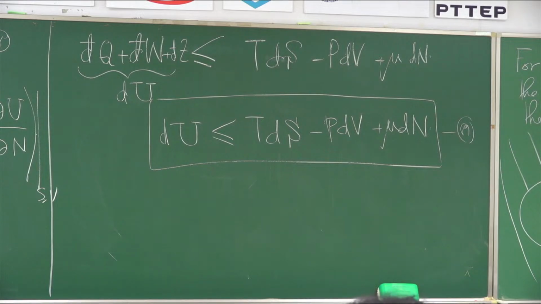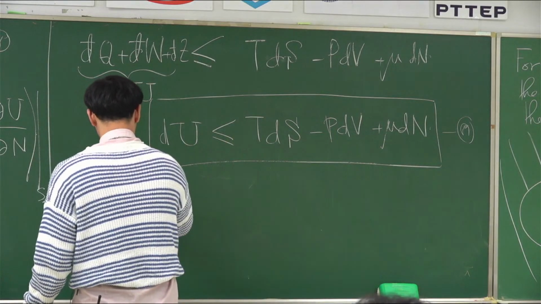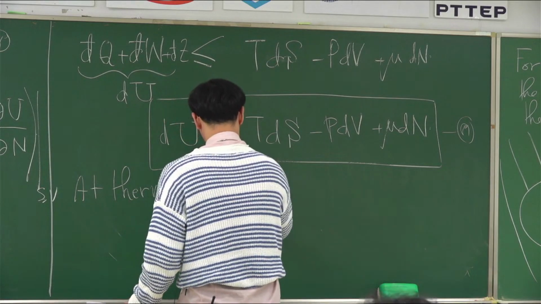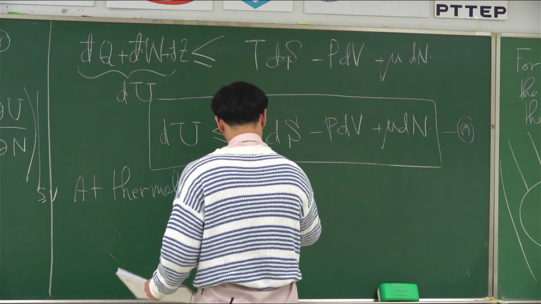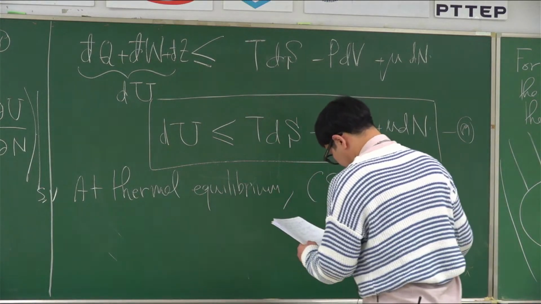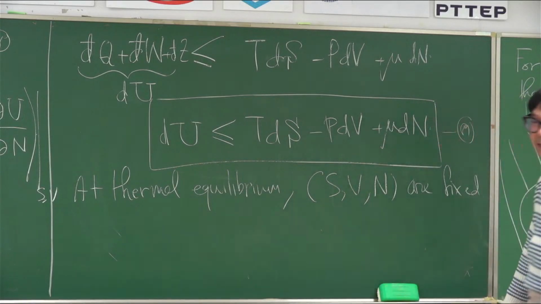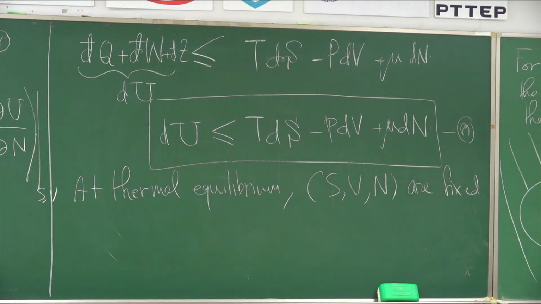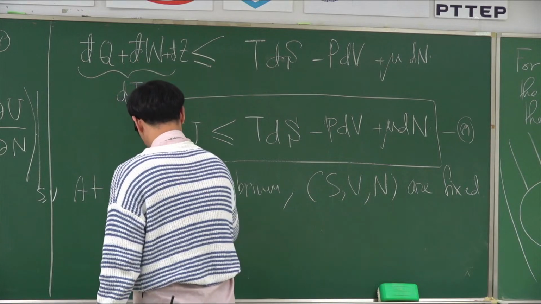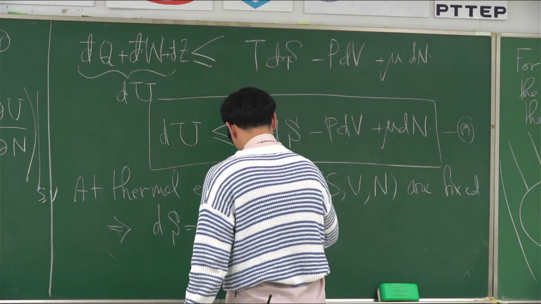Okay. So if you look at thermal equilibrium, right, this is constant, when fixed, it means that there is no change of the three variables.